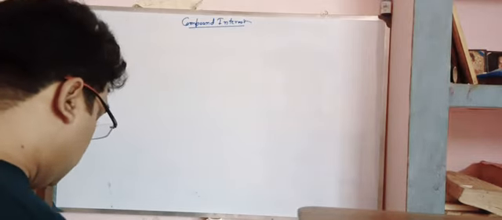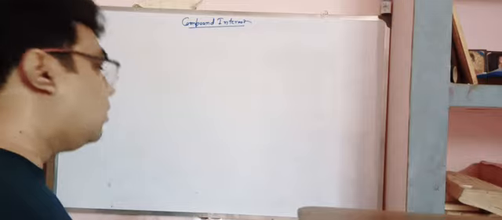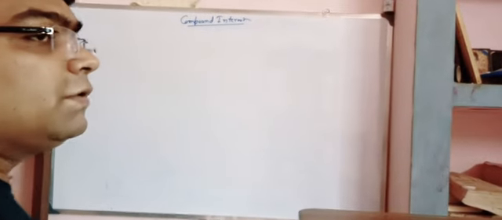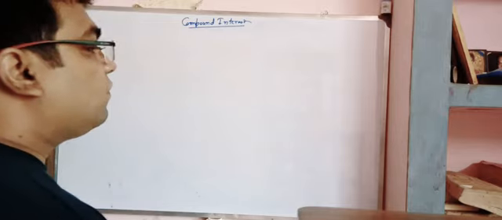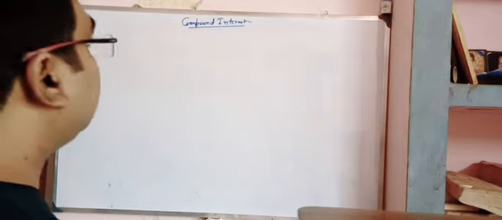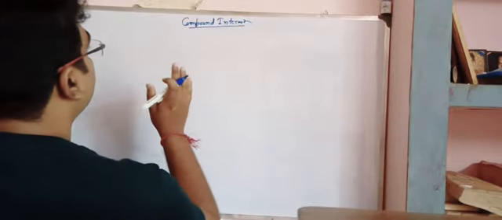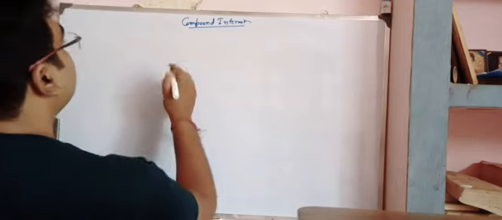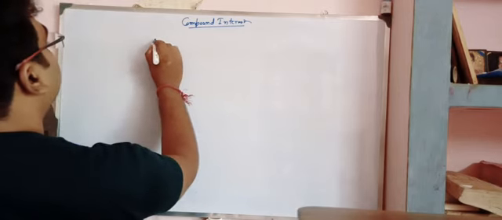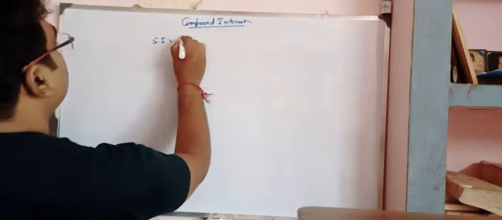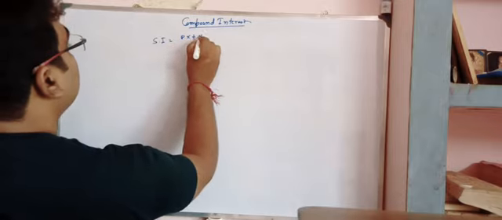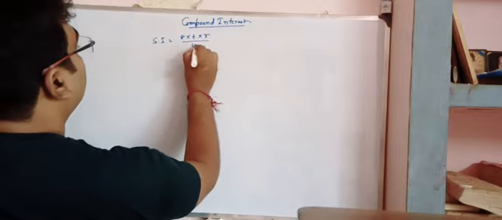Now what is the compound interest? Before computing compound interest, let us recall the formula for finding the simple interest: P into T into R by 100.